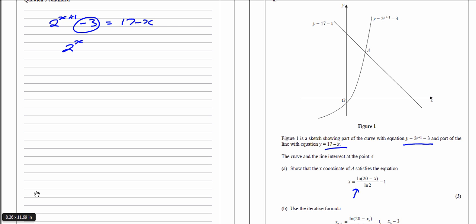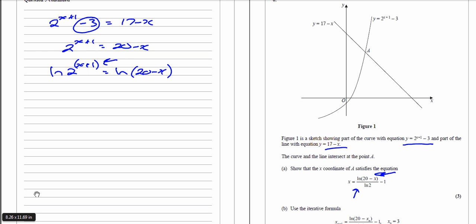So 2 to the power of x plus 1 equals 20 minus x. Now in order to get these powers down, we're going to need to take logs of both sides. So if we take logs of this side, 2 to the power of x plus 1 equals log of 20 minus x, and that's where this bit comes from.